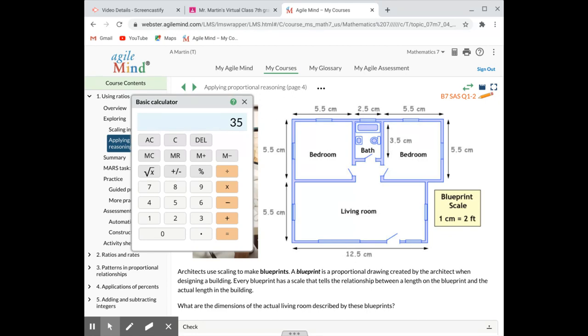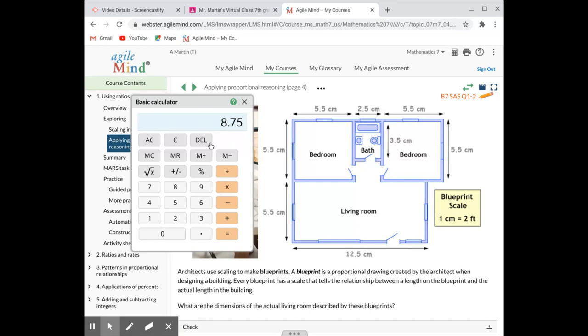All right, I'm going to show you an interesting way you could do this. Kyron, make sure your screen's on so I can see you, buddy. All right, so if we take 2.5 and multiply it by 3.5, we're going to get 8.75. So when I get 8.75, is this 35?